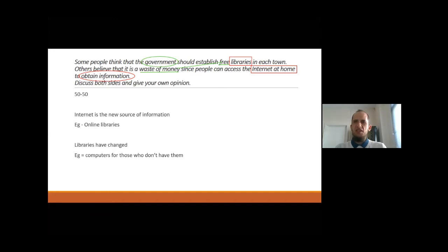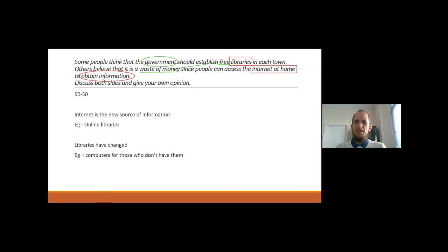In the future, I do think that we won't have these libraries as we have them now. I think everything will go online. That's my opinion. But in this essay, it doesn't matter. I have to be 50-50. So I decided to really believe that libraries have changed and that they're still needed, and that they give computers for those who don't have them.